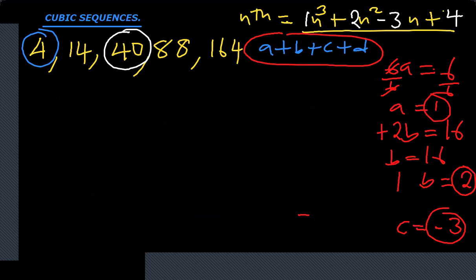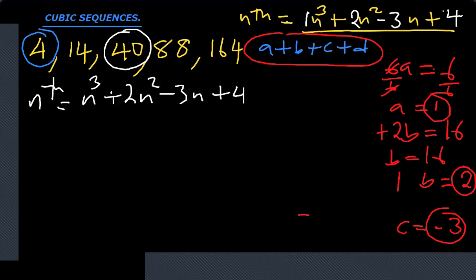All right, now let's prove. Our nth term formula is n cubed plus 2n squared minus 3n plus 4. Now we're trying to get the term number 3, and we're just going to prove that the term is 40. So n represents the position of the term.